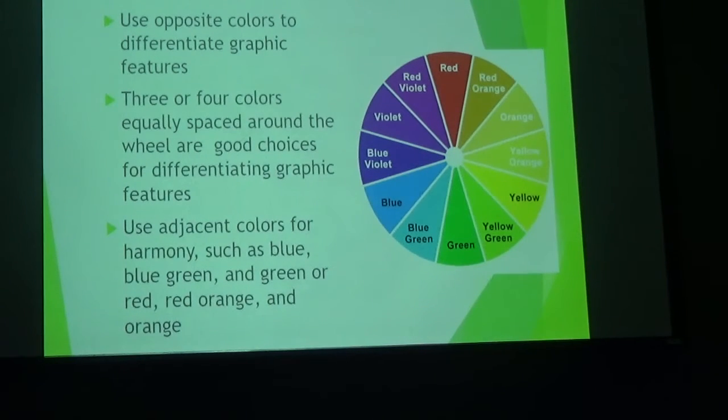Red and green is bad. Why is red and green bad? You get brown. No. Say what? Because it hurts my eyes. No, it doesn't hurt the eyes. You're talking about a combination of red and green, or red and green in general is bad. Why? Because of colorblindness.